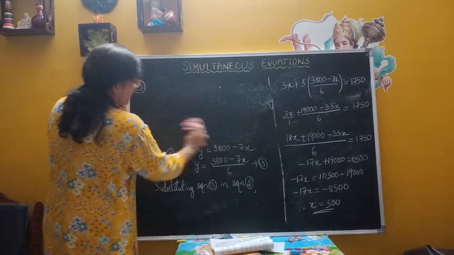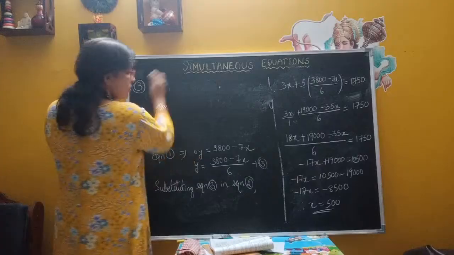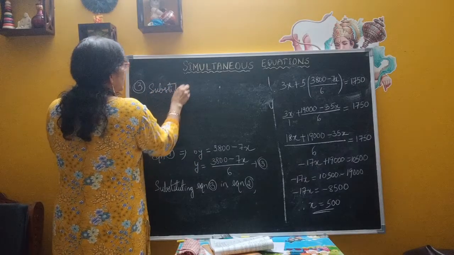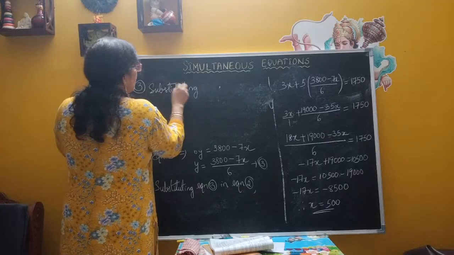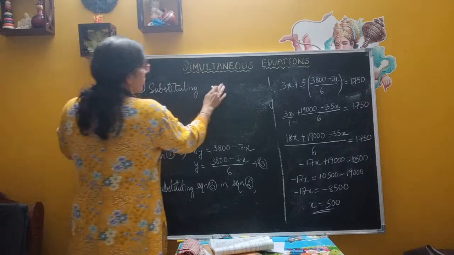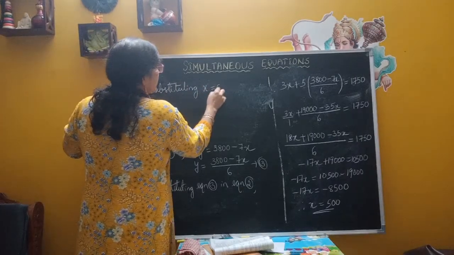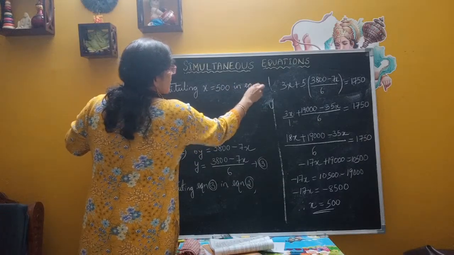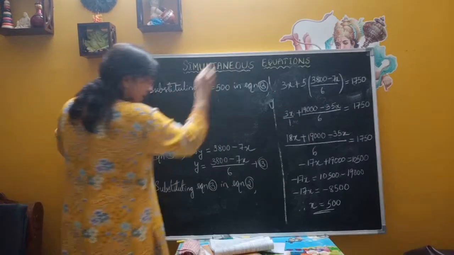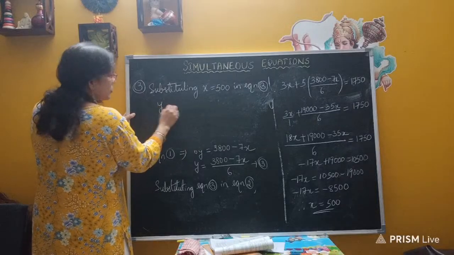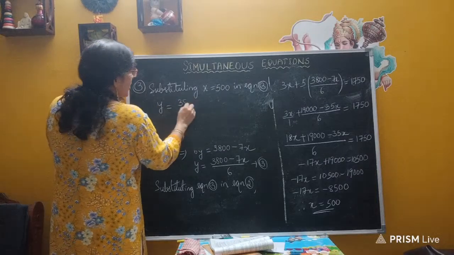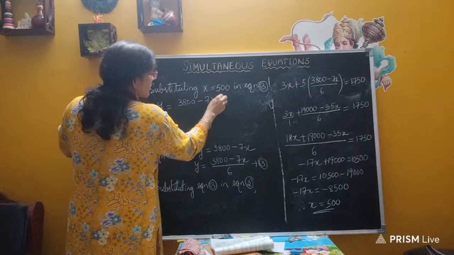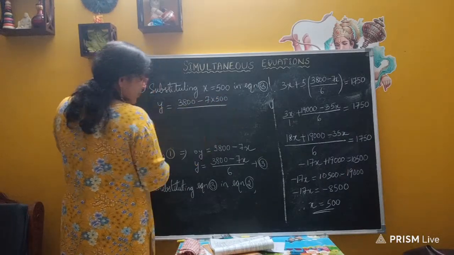So let us substitute x equal to 500 in equation 3, we get y is equal to 3800 minus 7 into 500 by 6.